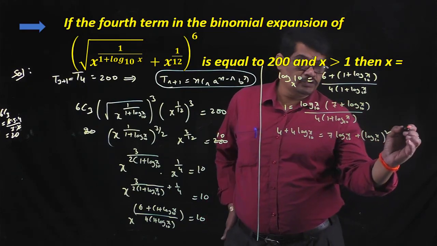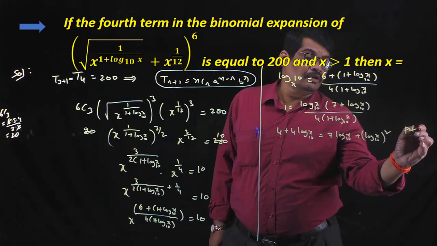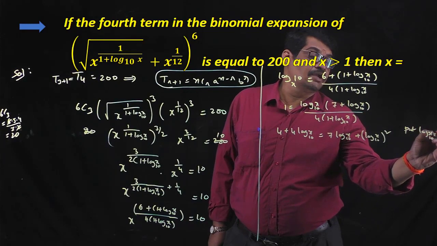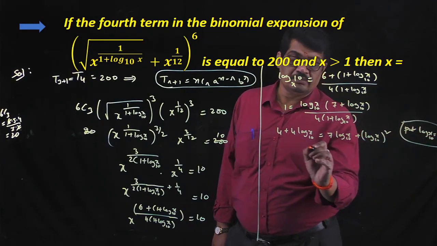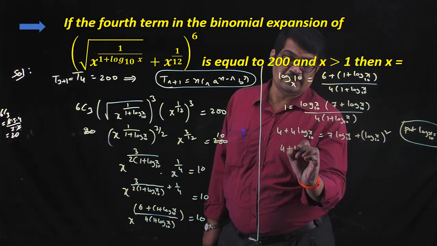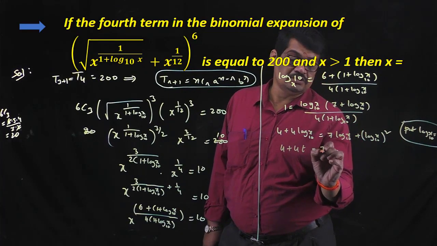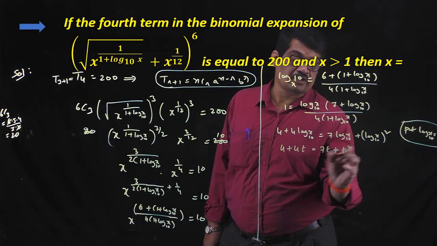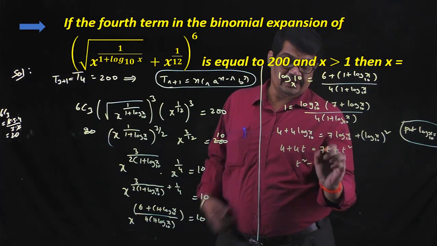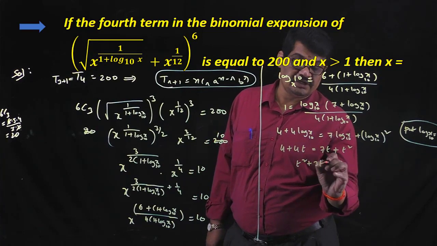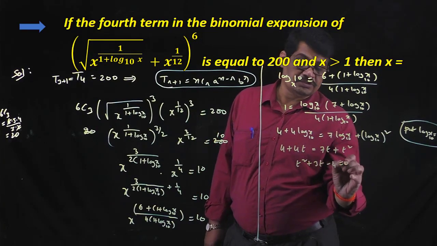Now here put log x to the base 10 is equal to t. Put this, then the equation becomes 1 plus 4t is equal to 7t plus t square. Now this is t square, here 7t minus 4t, that is plus 3t, here minus 4 is equal to 0.